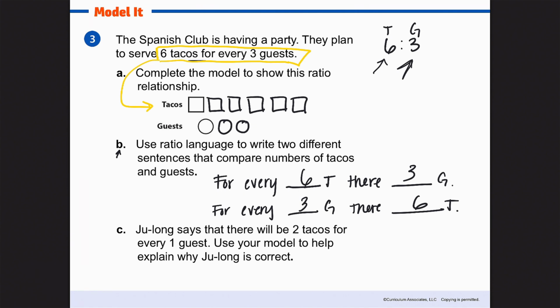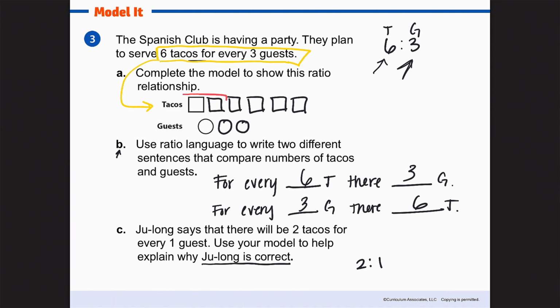Now it says, Julong says that there will be 2 tacos for every 1 guest. Use your model to help explain why Julong is correct. So Julong is correct. So we know that 2 to 1 is an equivalent ratio. Let's see why. We're going to go back up to our drawing and we're going to say, okay, Julong said that there are 2 tacos for every 1 guest.